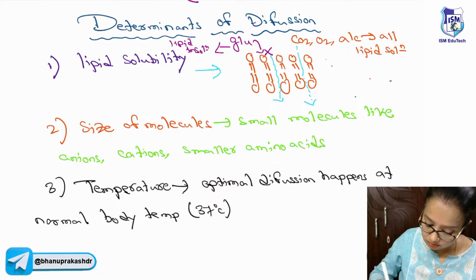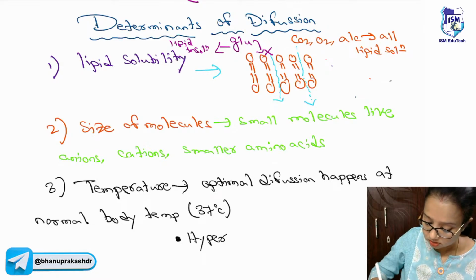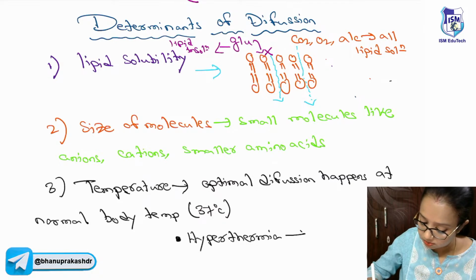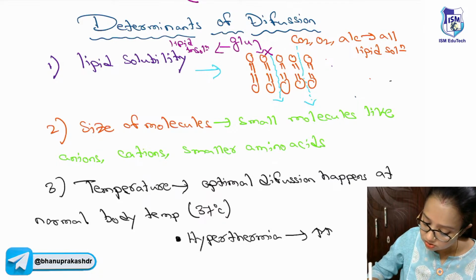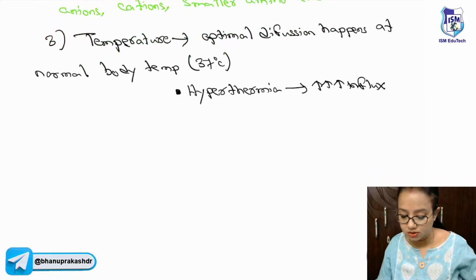Now, in case of hyperthermia, it increases the influx, that is the speed of diffusion.